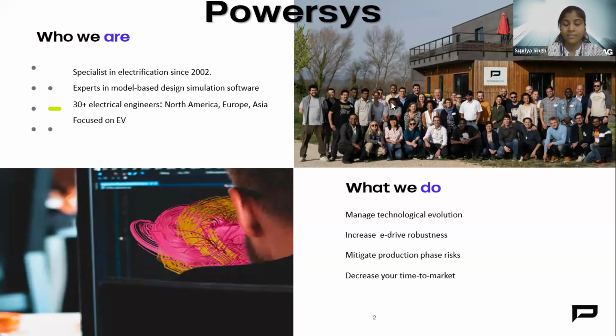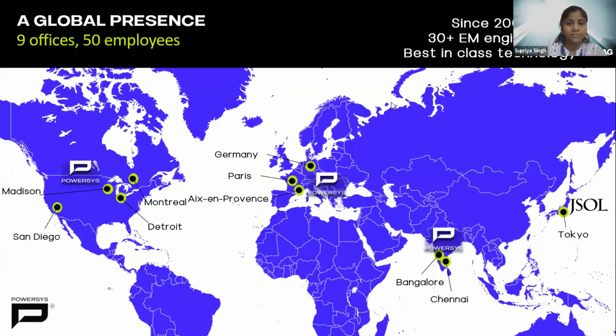Our electrical engineers are trained to work on whatever technical queries arise from customers. These are our office locations. You can see the global presence we have, with 9 offices across the world, 50 plus employees, 30 plus EM engineers, and world-class technologies.